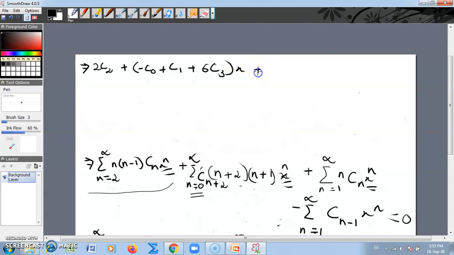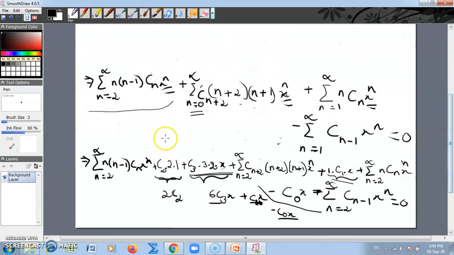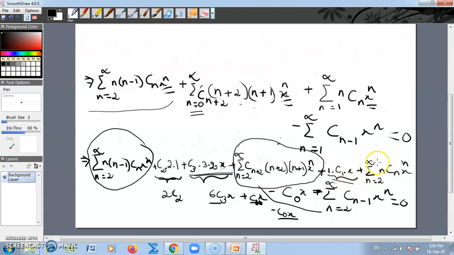Plus we have another one, plus we have the whole part within the summation going from n is equal to 2 to infinity. Because look at this, students. You see, we have this one going from 2 to infinity, this one going from 2 to infinity, this one going from 2 to infinity, and then this one going from 2 to infinity.